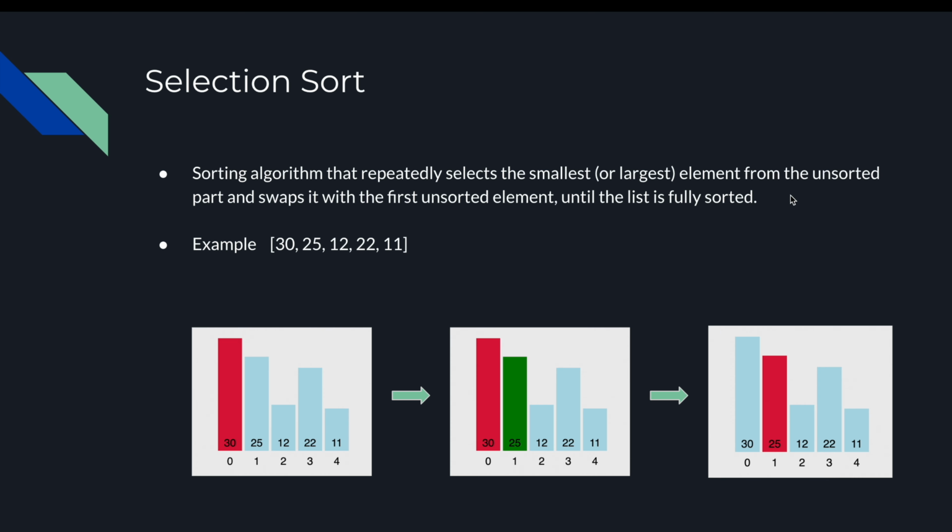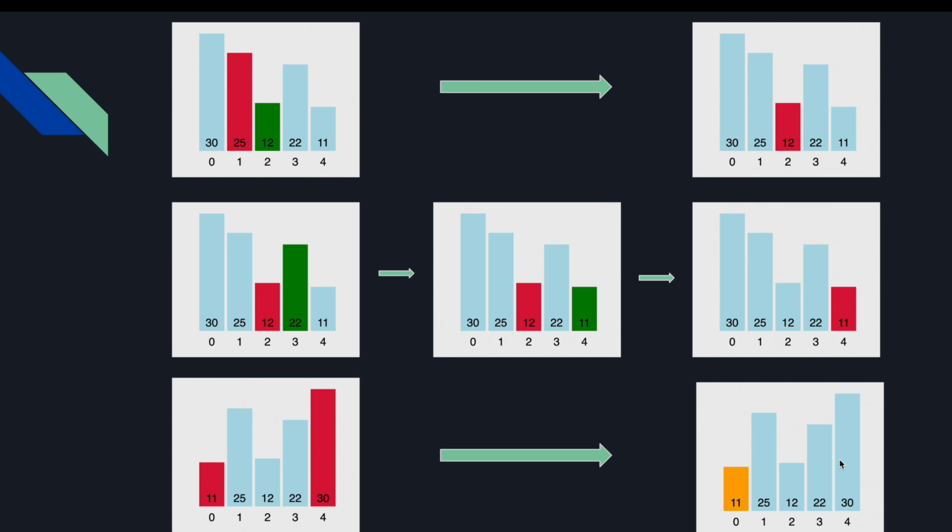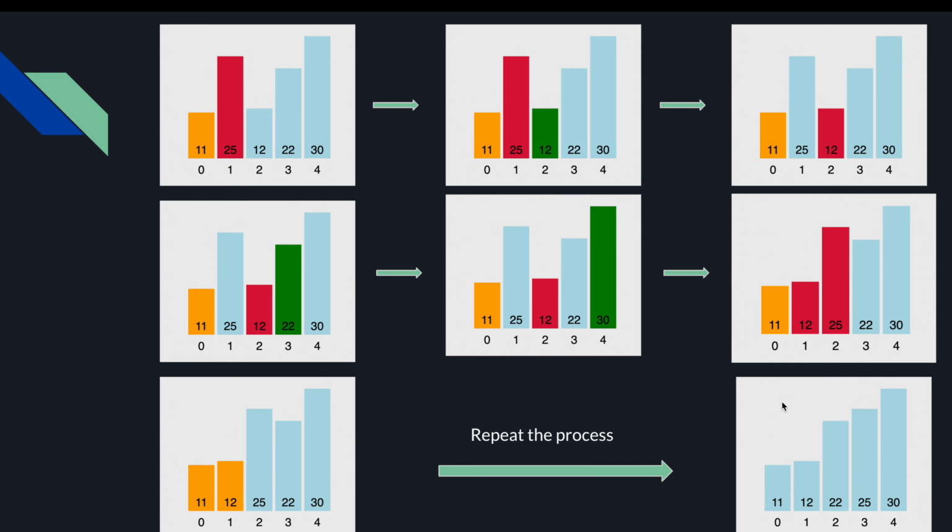Now remember, as per the definition, we need to select the smallest element from the unsorted part. And in this array, now 11 is the sorted part and the rest of these elements are the unsorted part. So from now, whatever operation we are going to perform, that will be done on this unsorted part. Now we have to repeat the same process again.